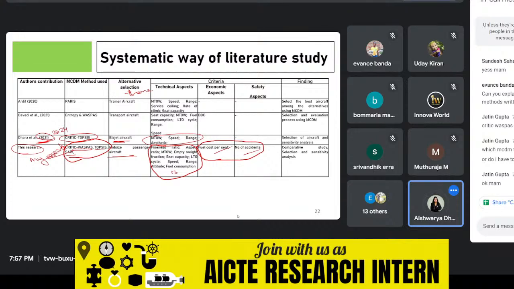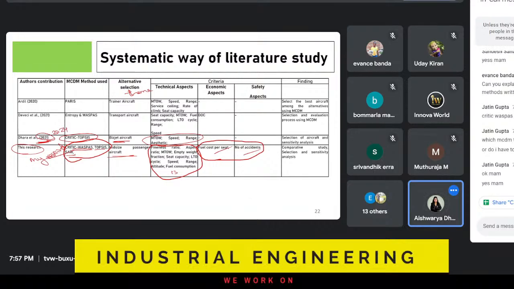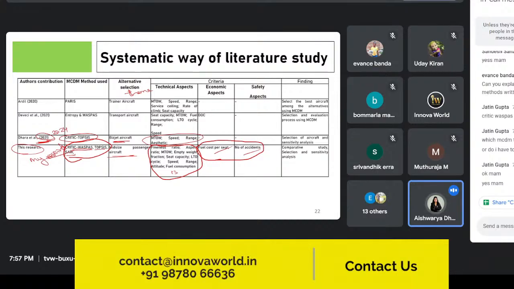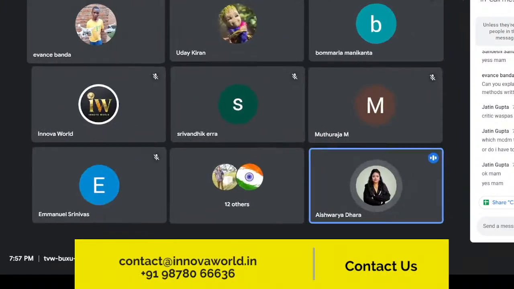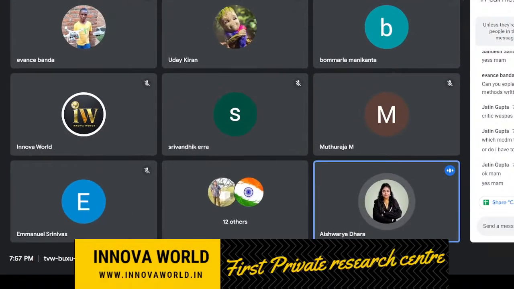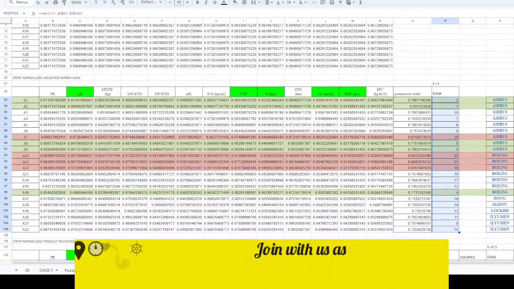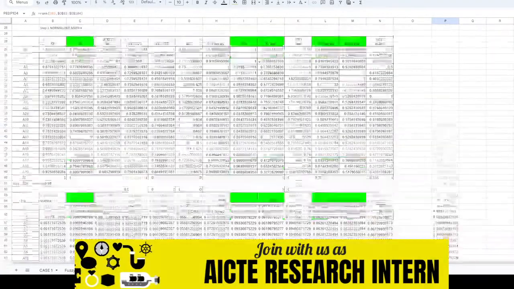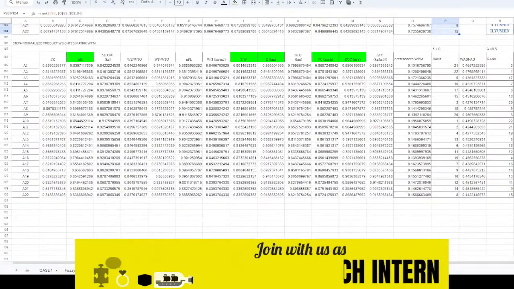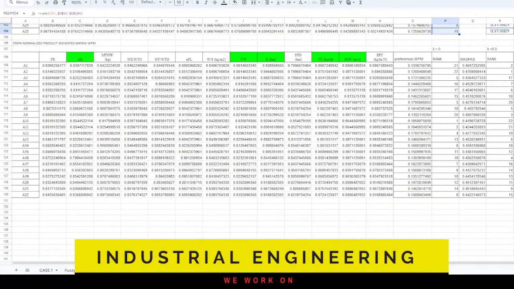Right. Okay. Coming to a glimpse of it, because all of you might work on this MCDM technique, I'm going to show you a brief layout of how to work on it. Based on their study, the method I'm going to show you is to work on the CRITIC WASPAS technique.